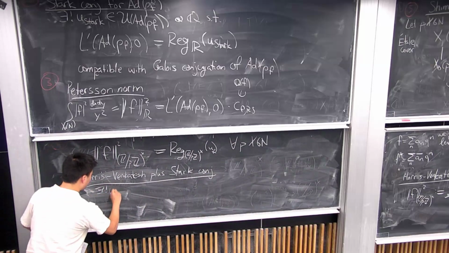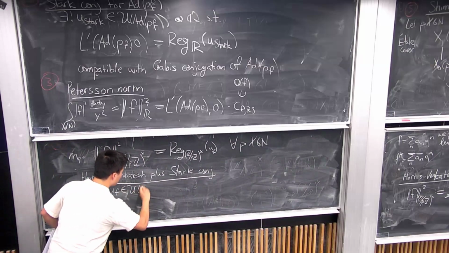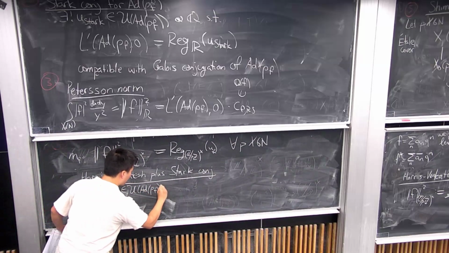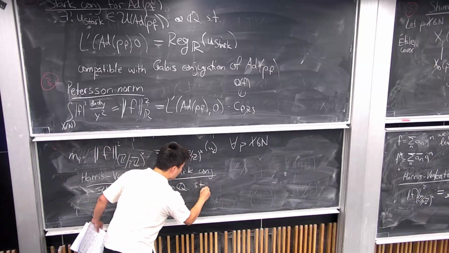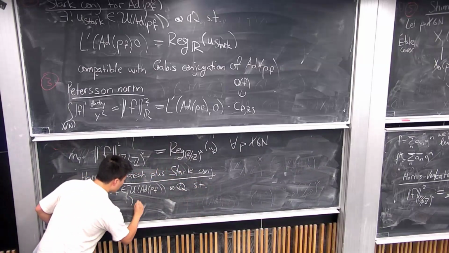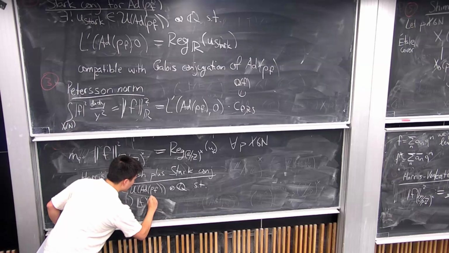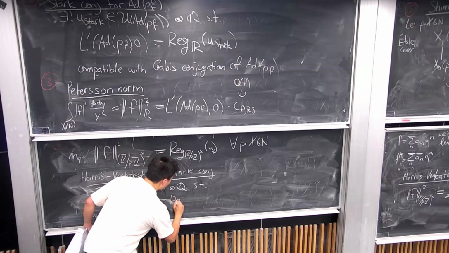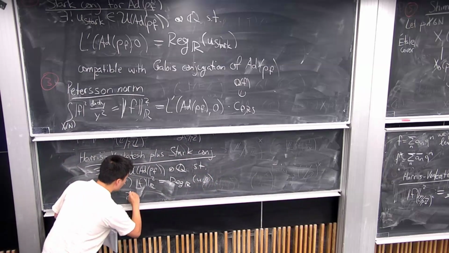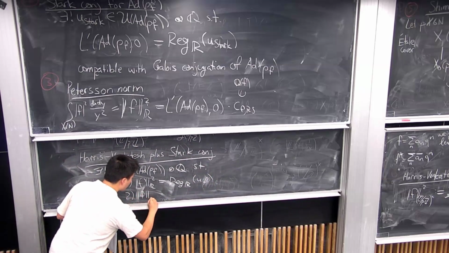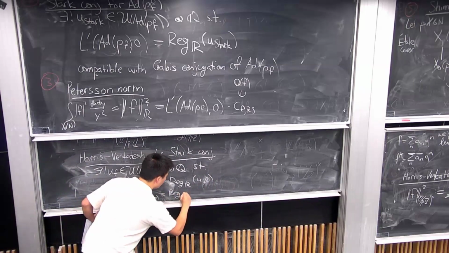So there exists some unique unit such that both of these conjectures hold at the same time. Some unique unit such that one, the Petersson norm, is given by the Stark regulator, u_F, and two, the Harris-Venkatesh norm is given by this mod p regulator.